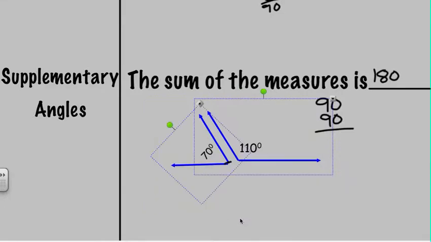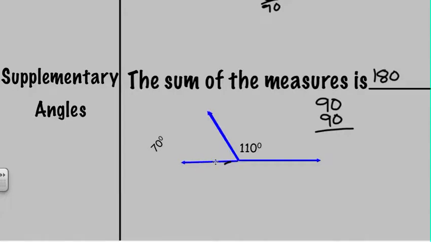The lines on the bottom end up, there we go, making a straight line. And a lot of you already know, whether it's from your protractor, whether it's due to the fact that it cuts a circle in half, that a straight line makes 180 degrees. So no matter what 2 angles I add together, as long as they are adding together to equal 180 degrees, they are supplementary.